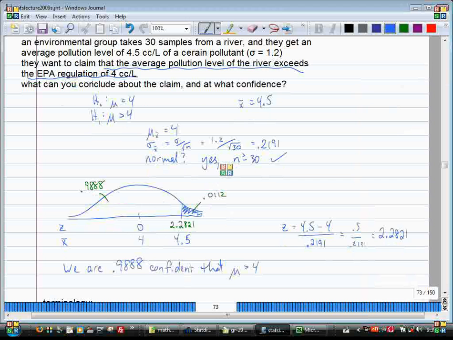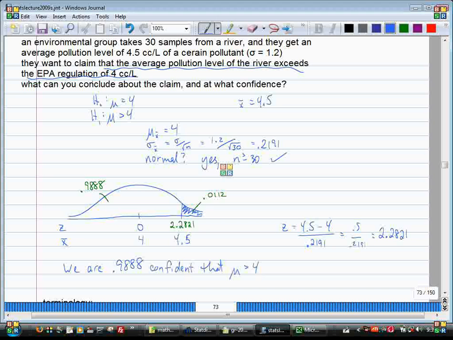Other questions about what happened in this problem so far? Right, so the way to think about it is the following.